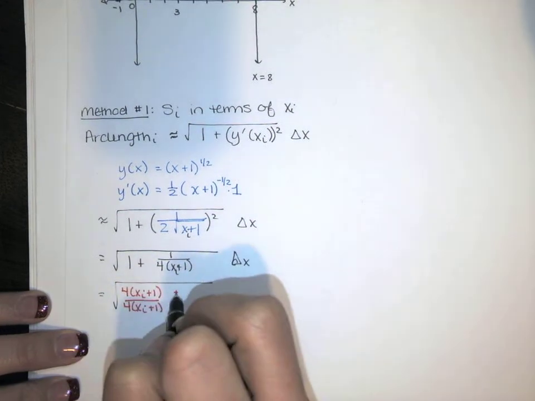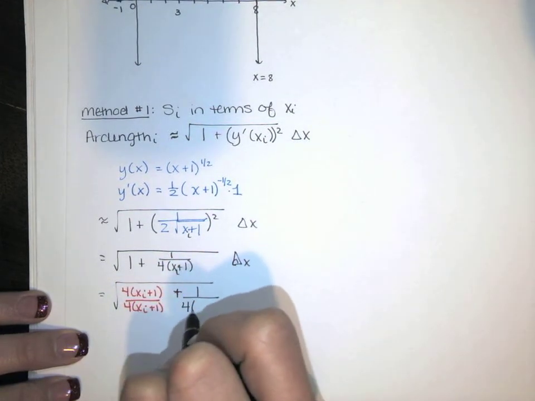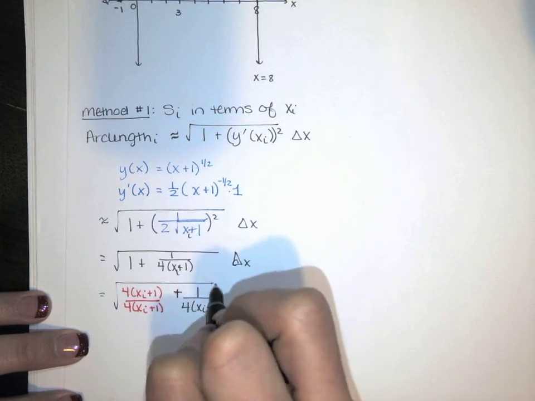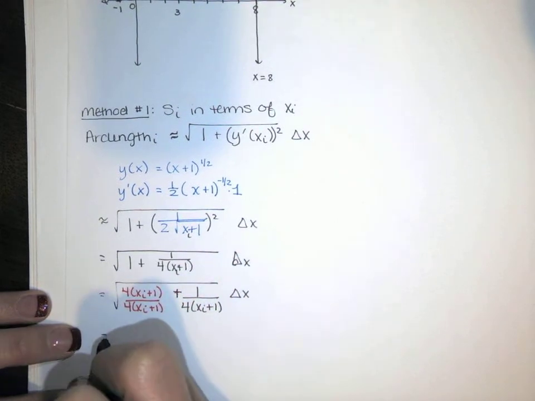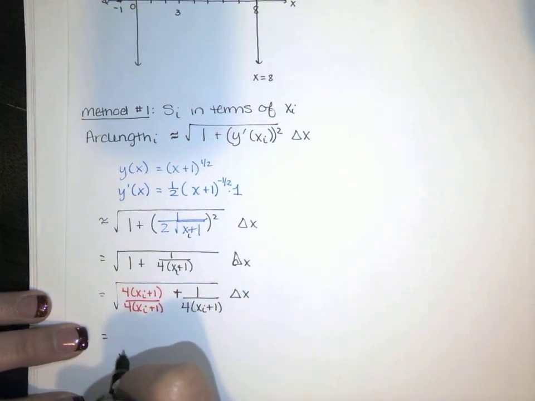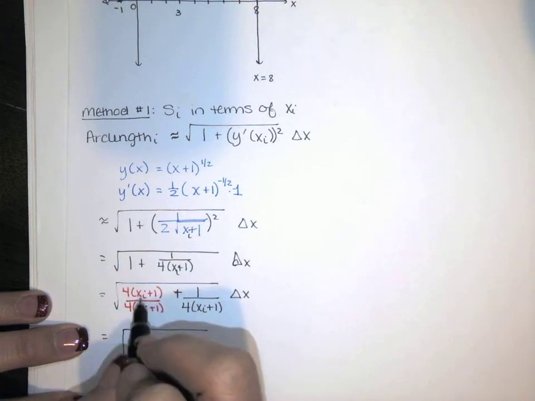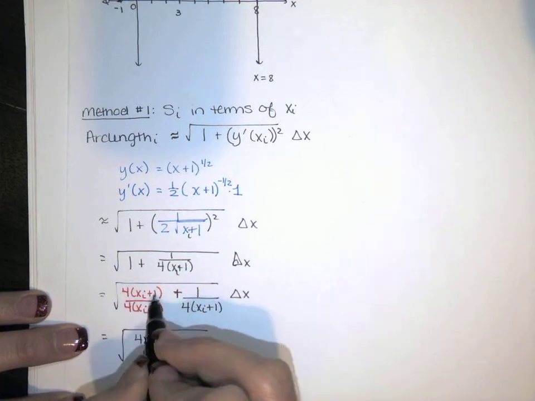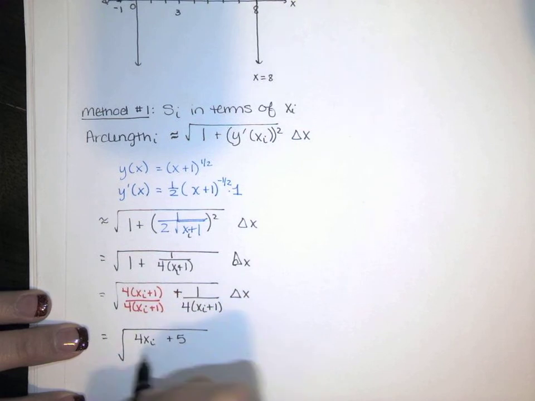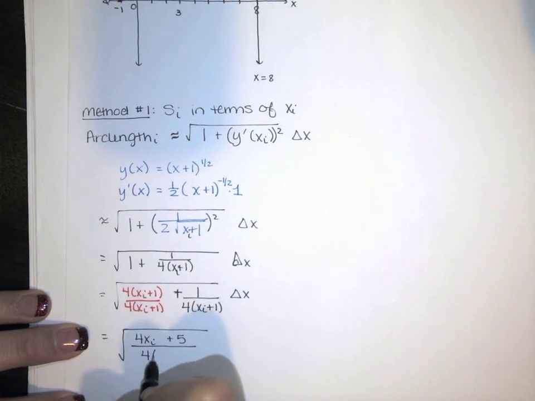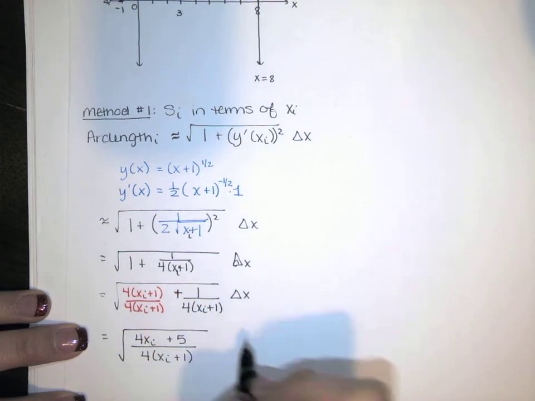And then I still have a plus 1 over the denominator. Now since they have the same denominator, add the numerators. So you have 4 times x, 4 times 1 is 4, 4 plus 1 is 5, all divided by 4 times the quantity x plus 1.